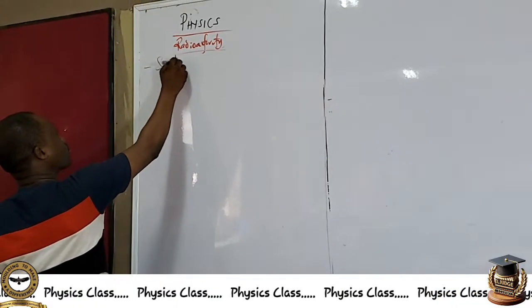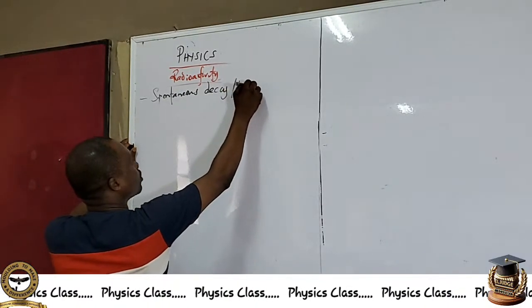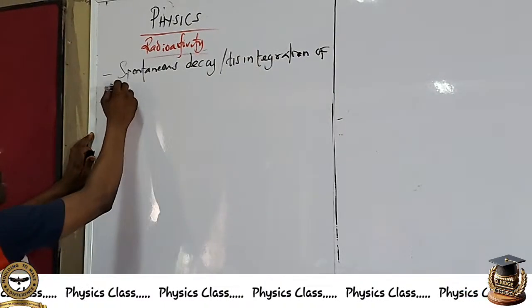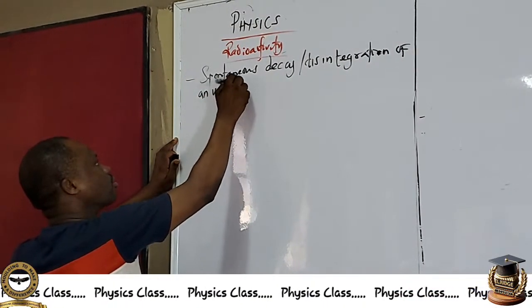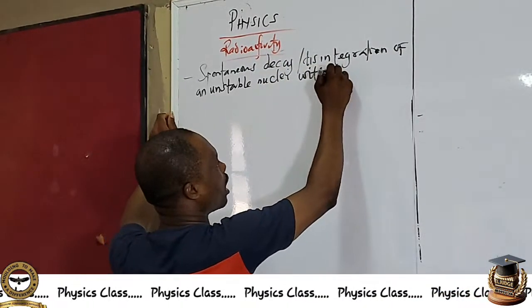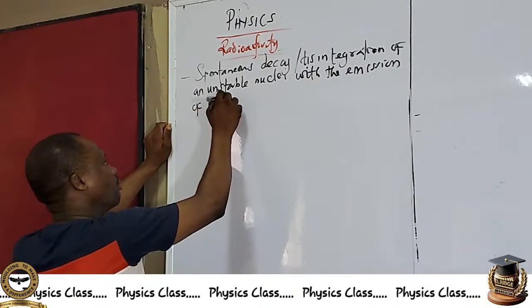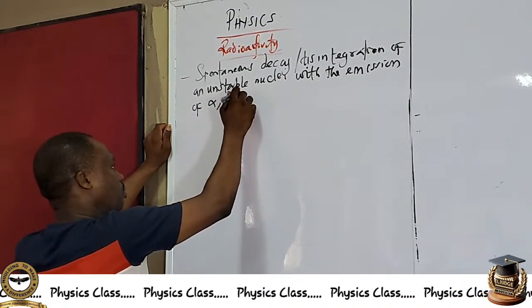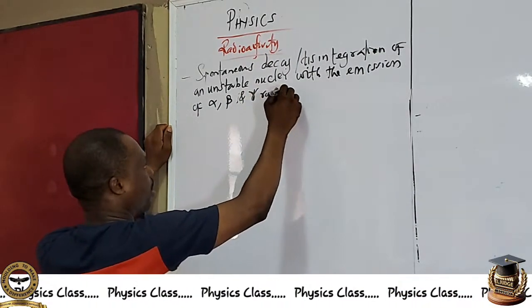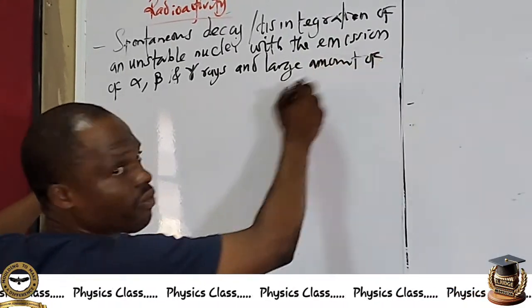The spontaneous decay or disintegration of an unstable nuclei with the emission of alpha, beta, and gamma rays, and large amounts of heat.